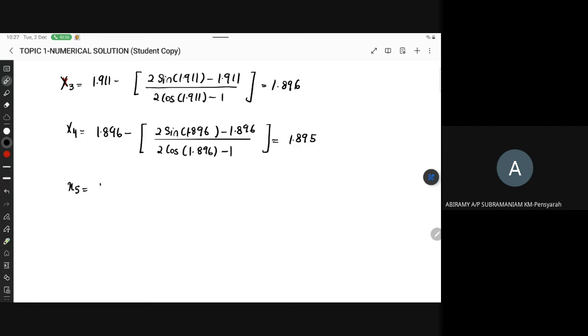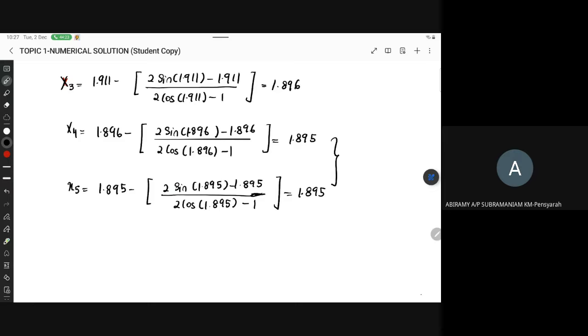So the next iteration will be 1.895 minus 2 sine 1.895 minus 1.895, divided by 2 cos 1.895 minus 1. When you're using the calculator, we will be getting 1.895. Note that the two values are the same. That's when we decide to stop the iteration.